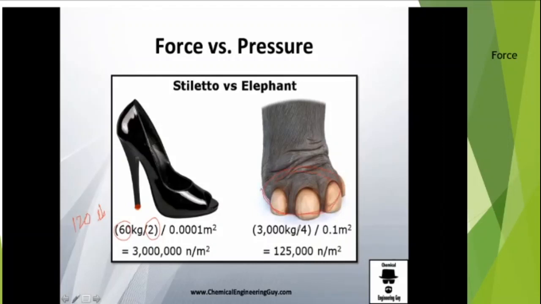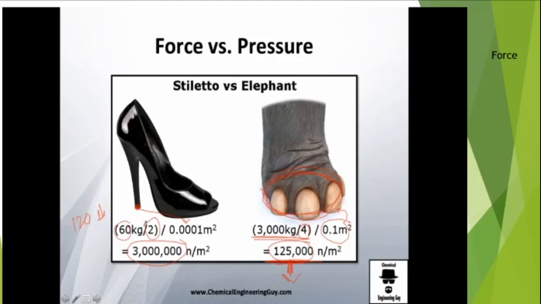Let's say that the elephant has a mass of 3 tons, but the elephant has 4 feet. So you measure that and you make the division. The area of this is very small. The area of this is small, but not that small. And even though the elephant is huge, comparing 3 million versus 125,000, I'd rather be stepped on by an elephant than a girl with these high heels.